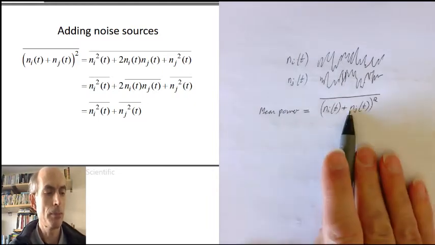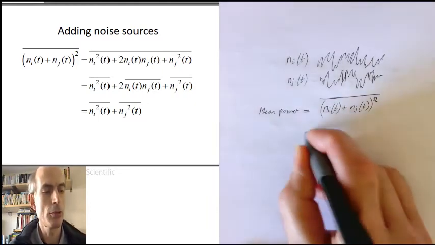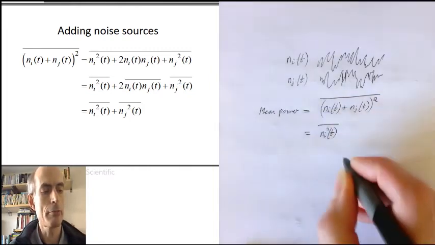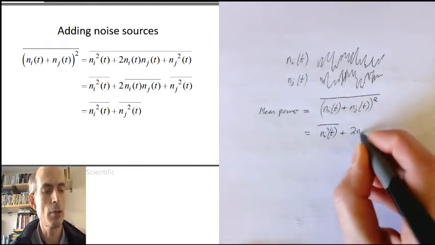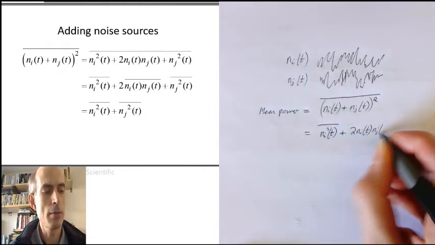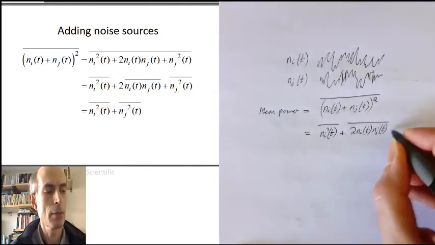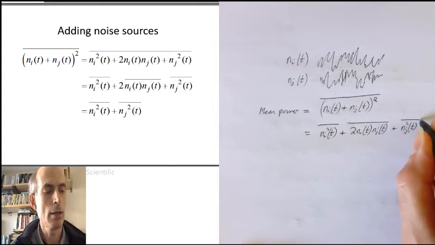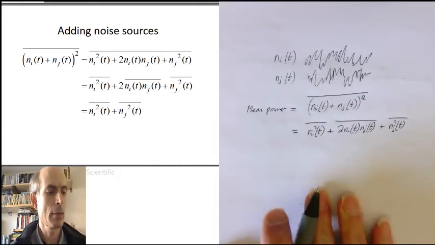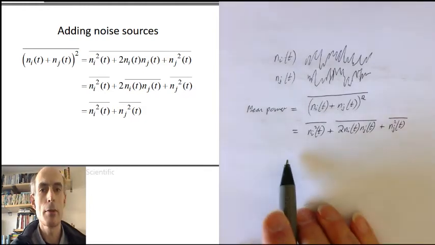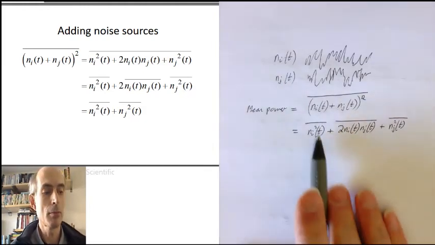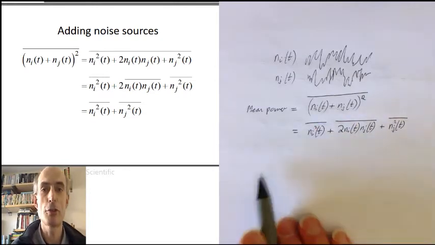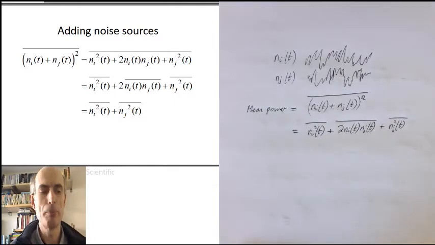So what's this? Well, if I multiply out this bracket, I get Ni squared of t, average, plus 2 times Ni of t Nj of t, average value of that, plus Nj squared of t, and I need the average value of that. And I'm using the fact here that the mean value of the sum of 3 terms is the sum of the mean values of each of the terms, which is generally true.